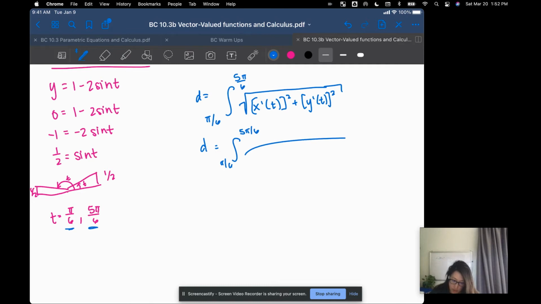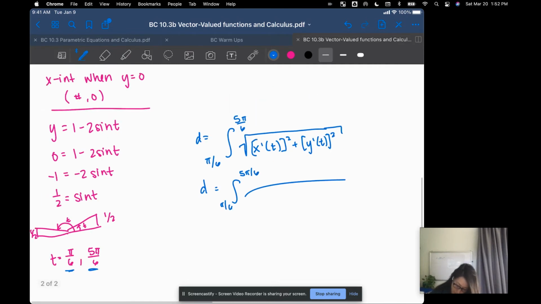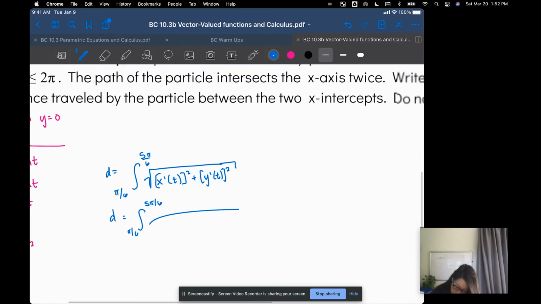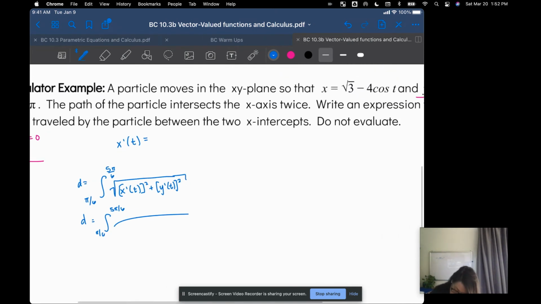Okay, and then above here, I'm going to get my x prime of t is equal to, let's see, square root of 3 is just going to be 0, and then minus 4 cosine t, which gives me 4 sine t as the derivative.